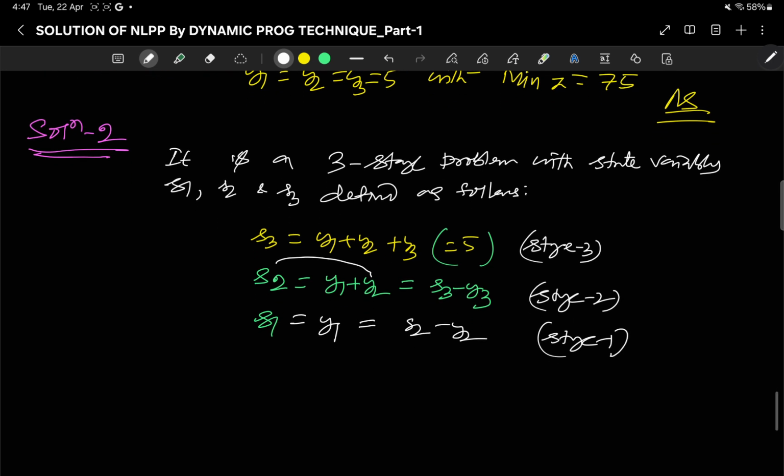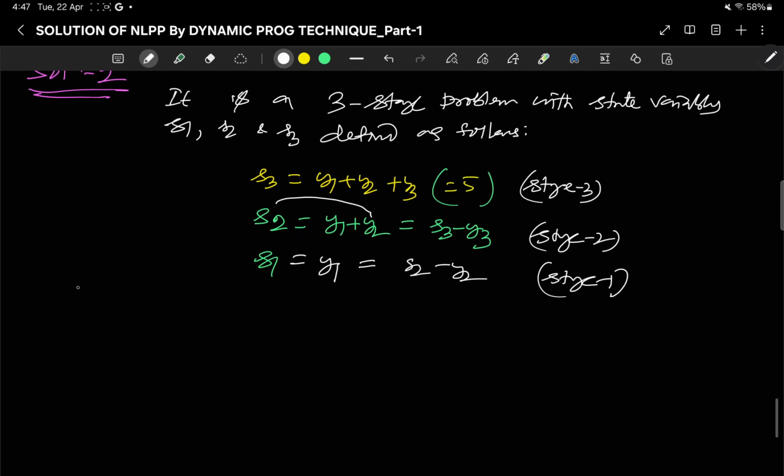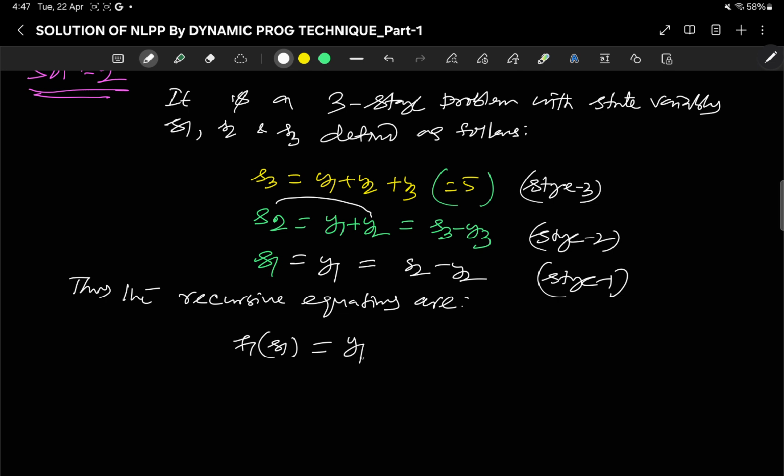Now we write the recurrence relation. Thus, the recursive equations are: F1(S1) is equal to maximize y1. Here y1 ranges from the minimum non-negative value up to the maximum, which is y1 equal to S1.